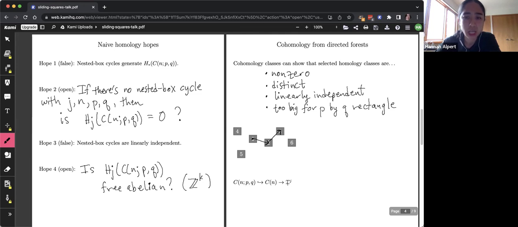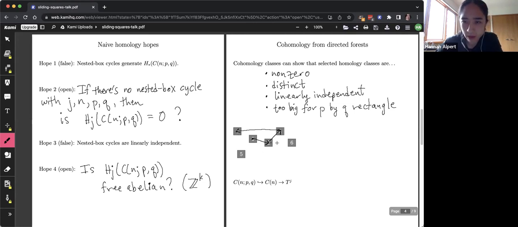If I draw J arrows, first of all, there's this inclusion. I don't really care how big the rectangle is to define this map. The map is still defined regardless of the size of the rectangle. I have this map to a J-dimensional torus if I draw J arrows. So let me just keep drawing some arrows here as an example.